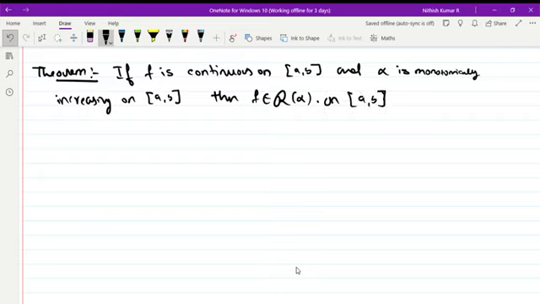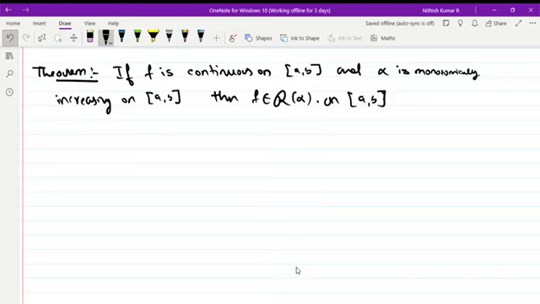If I have a continuous function, just a continuous function, then it is Riemann integrable. If I have a continuous function and alpha is monotonically increasing, then f is Riemann-Stieltjes integrable, or f belongs to R of alpha. So let's prove this now.